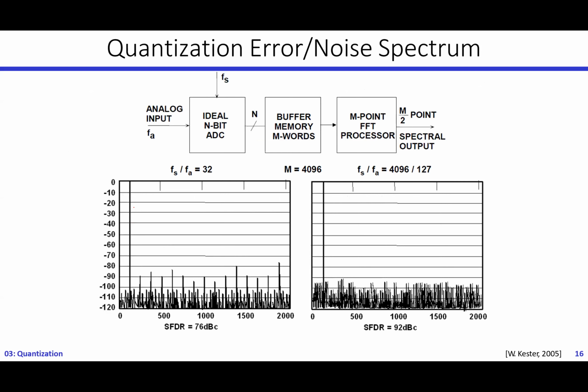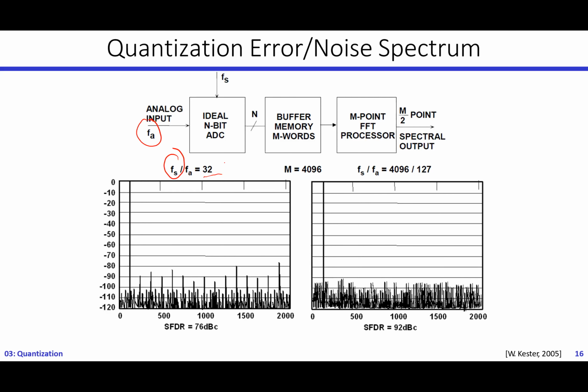So what is the definition of a wrong signal here? If you apply a sinusoidal test signal with input frequency FA, and your sampling frequency is FS, and FS divided by FA is an integer number, then this is going to give you a wrong behavior.